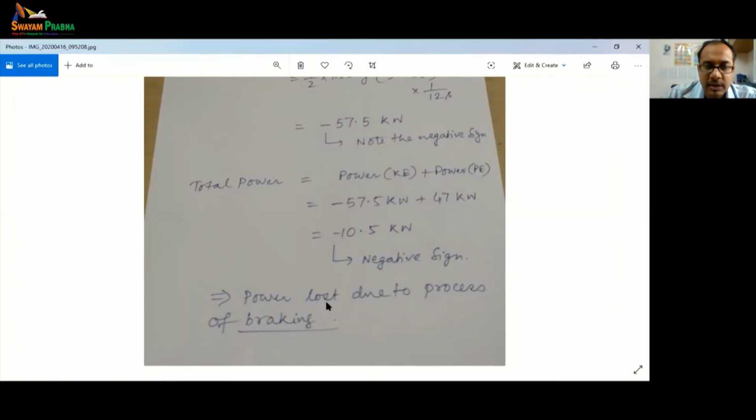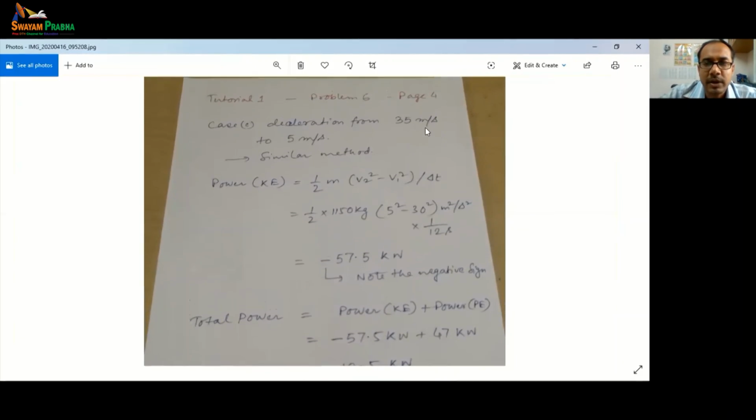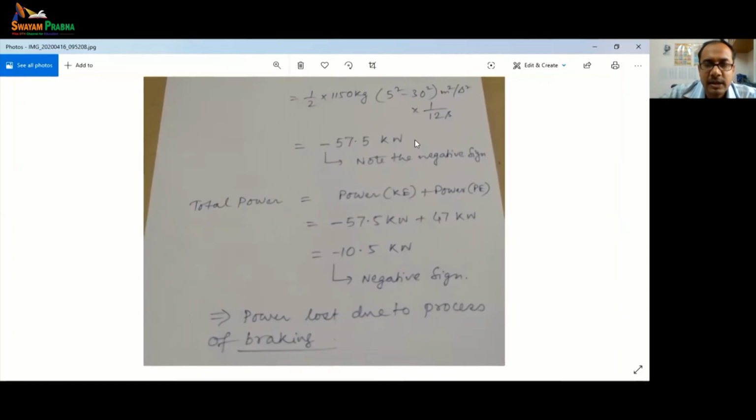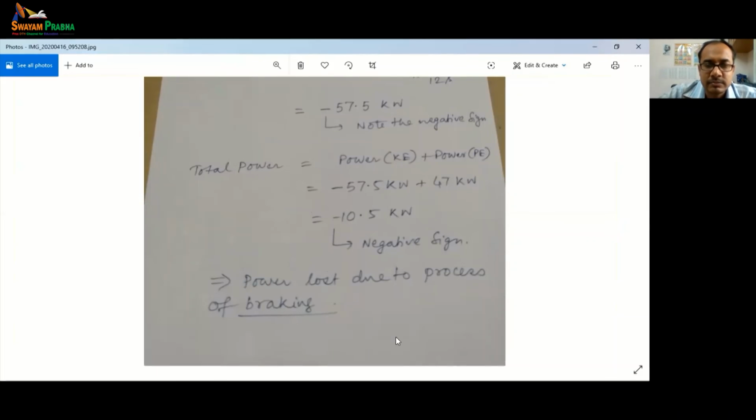What does it mean? It just means that power is lost due to the process of braking, because you have to brake to bring the velocity down from 35 meter per second to 5 meter per second, so that the effective power is lost through braking as heat, that is your 10.5 kilowatt.